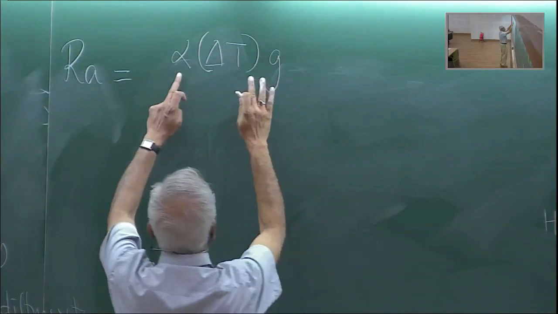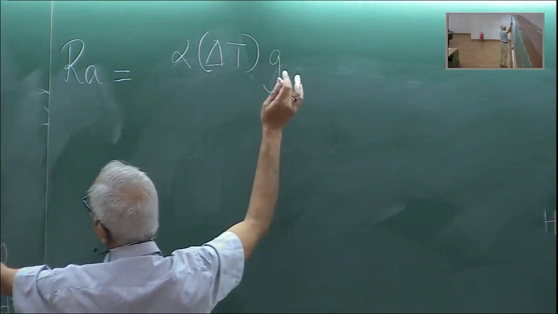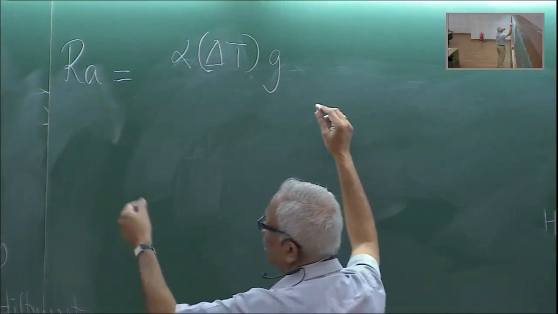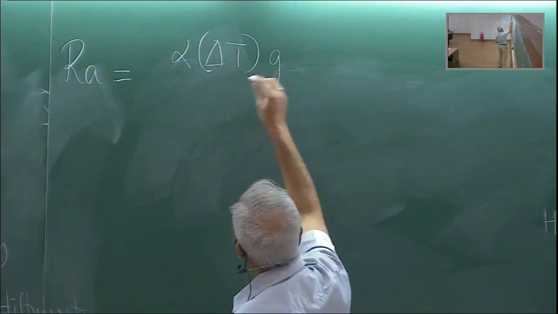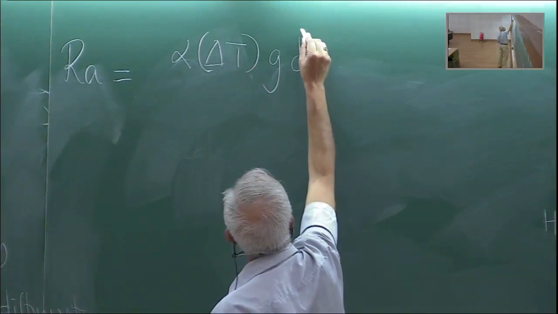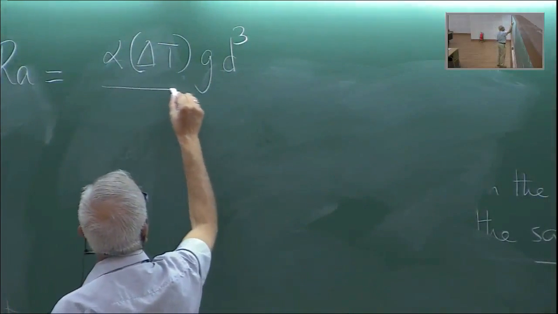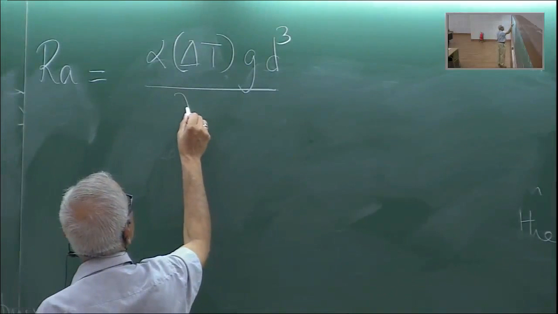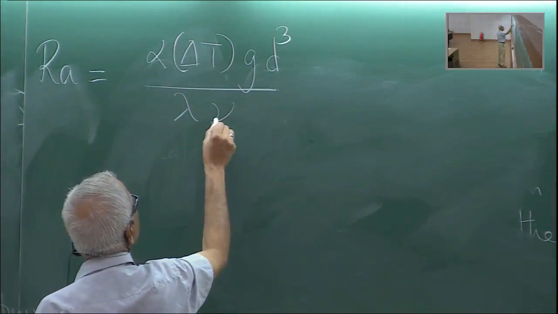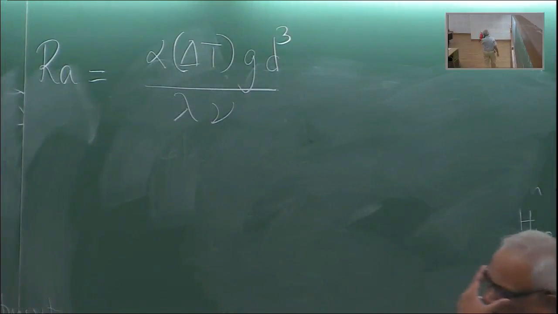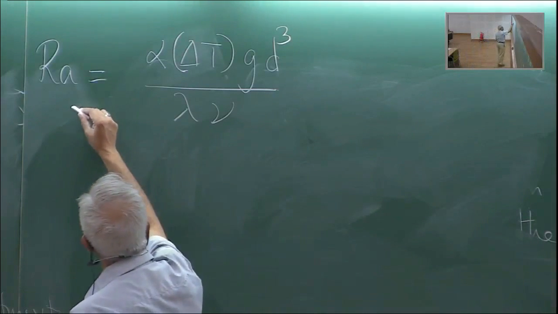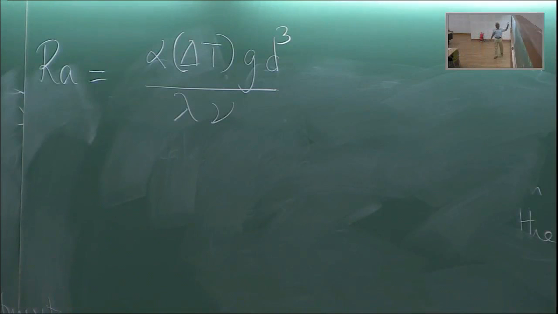So this is the density difference, so it has to become a sort of mass, and that is done through this, and then the thermal diffusivity lambda and the viscous diffusivity nu. Those are the prohibitors, so drivers at the top, prohibitors at the bottom. So this is the control number. The Rayleigh number is the control number for this.